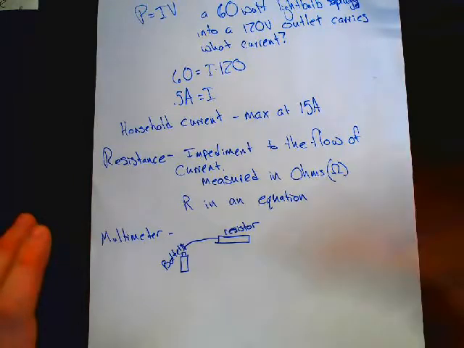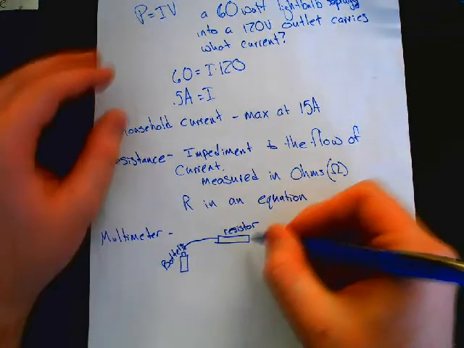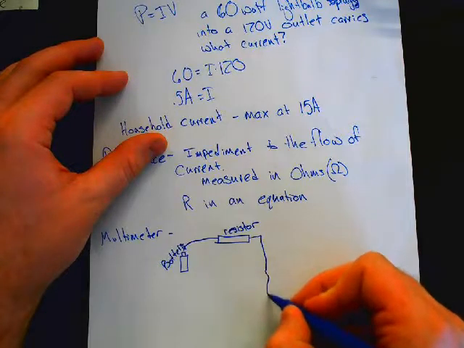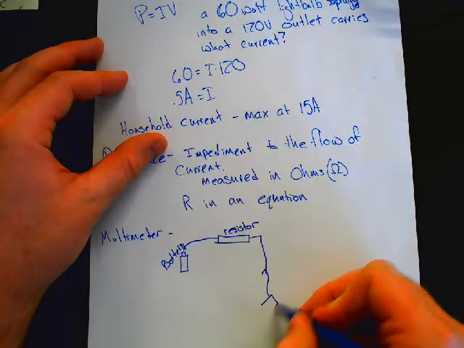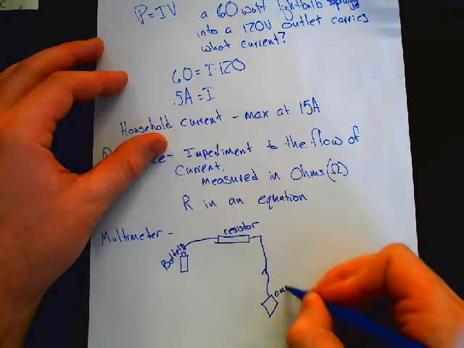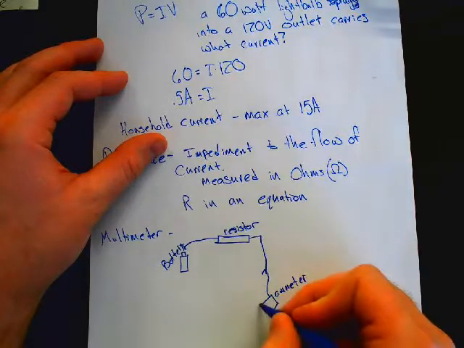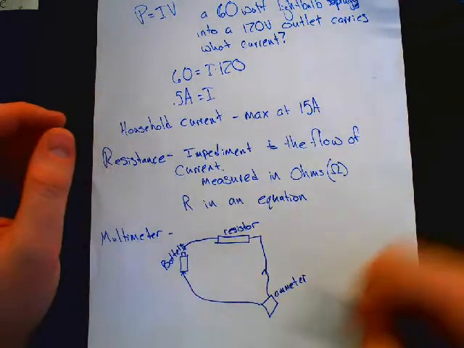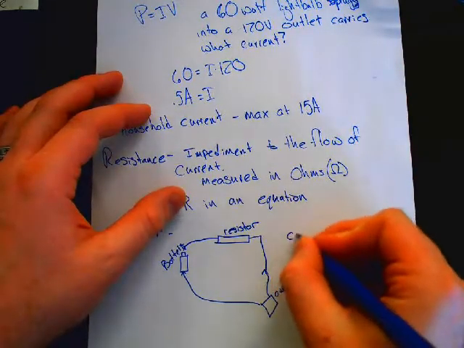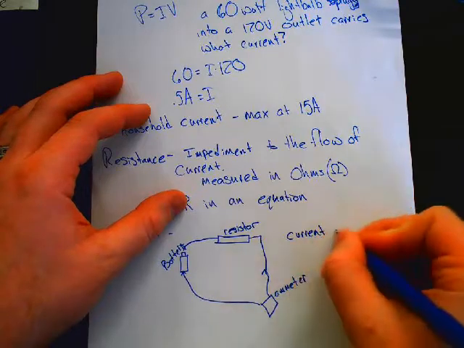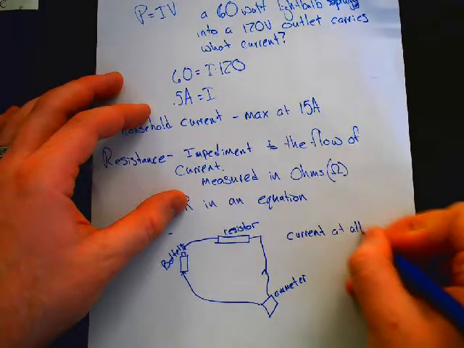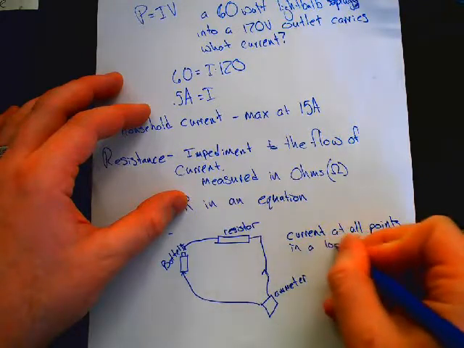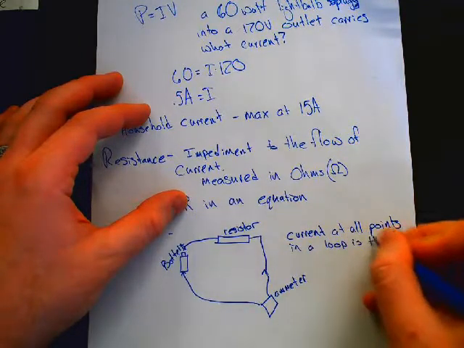I'm going to teach them at a later point. All I want to do is connect it to my ammeter such that it makes one loop. And the current at all points in a loop is the same.